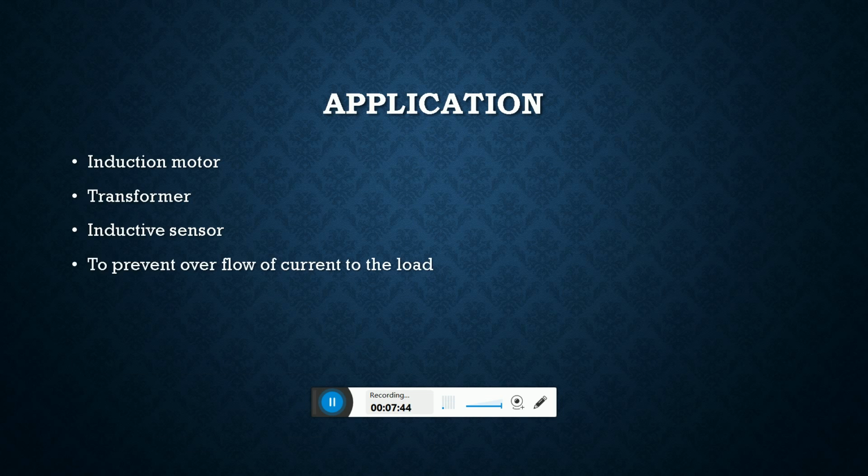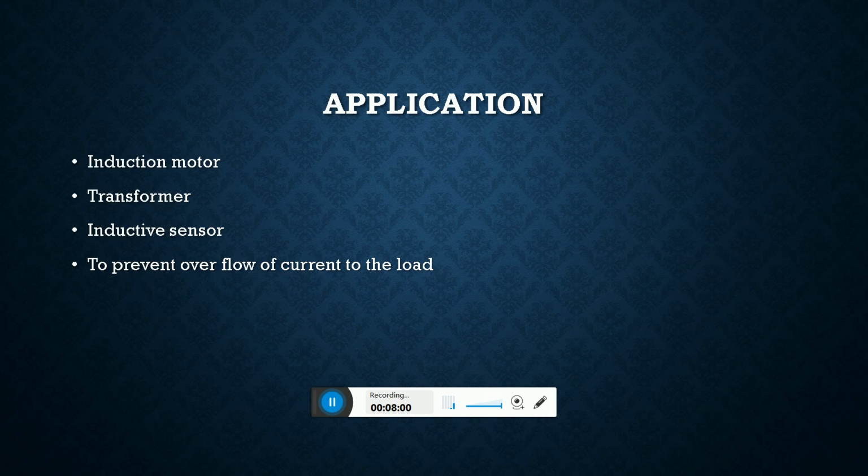Fourth is to prevent the overflow of current to the load. When current flows from a higher source, it may affect other loads which can only bear low voltage.